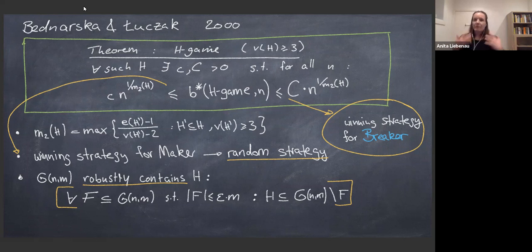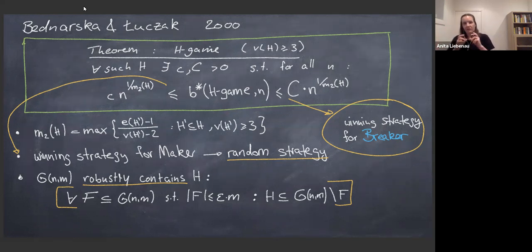And so if maker could claim all of these edges, then maker's graph would have a distribution of random graph G(n,M). Now, sometimes these uniform edges will hit edges that are already occupied by breaker. But what they proved is that most of these edges, at least for the first large part of the game, almost all of these edges hit an unclaimed edge.